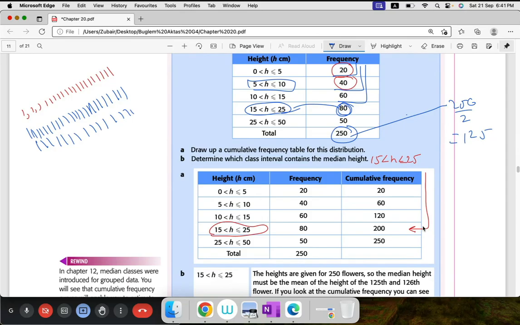Yes, we always arrange it in order, and these tables are always in order. So straight away, median is the 125th member. Because cumulative frequency has already done the part, I can just see 125 would lie not in 120, it is more than 120. So it would lie in this, and that is 15 to 25. Okay, I see.